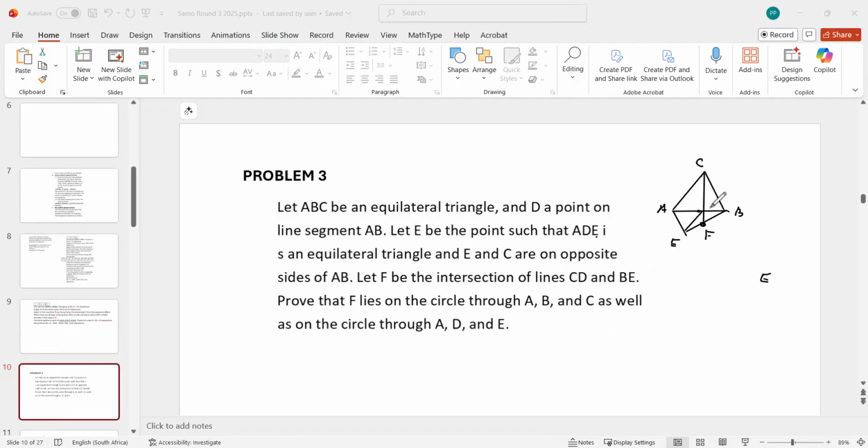Okay, but there is a circle, and prove that F lies on that circle. And they also prove that F lies on the circle through A, D, and E. In other words, these two equilateral triangles, if you draw their circles, show that F lies on both the circles, in the intersection of those two circles. Okay, so let's do this problem.